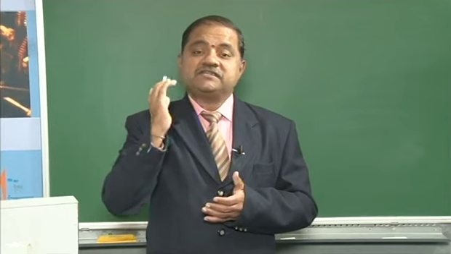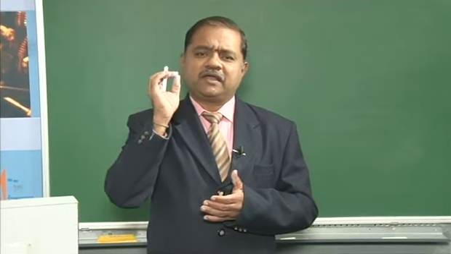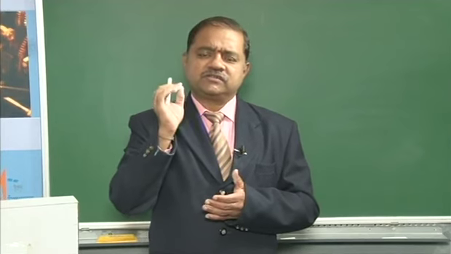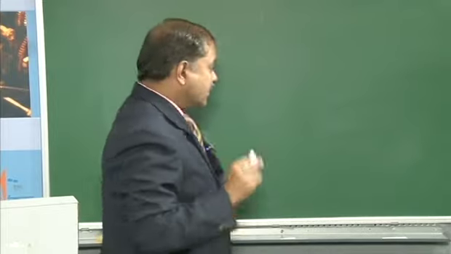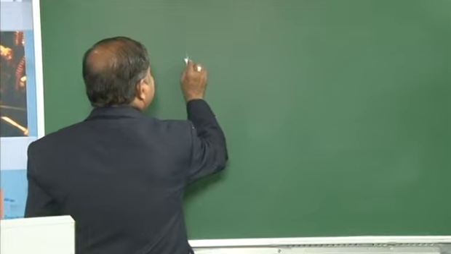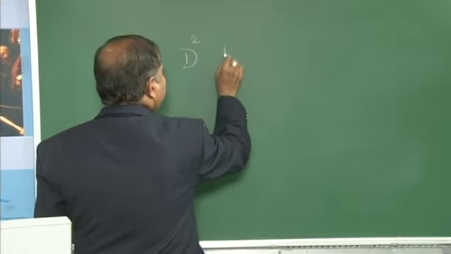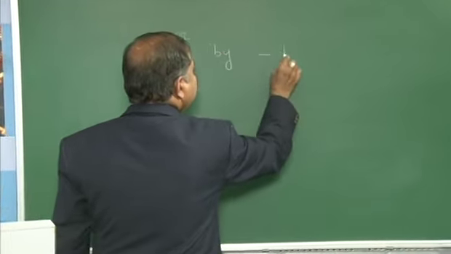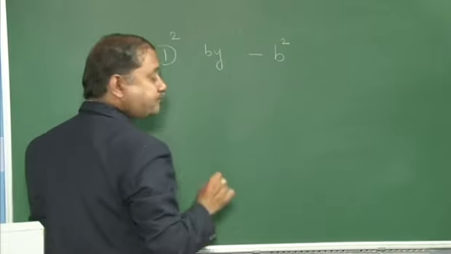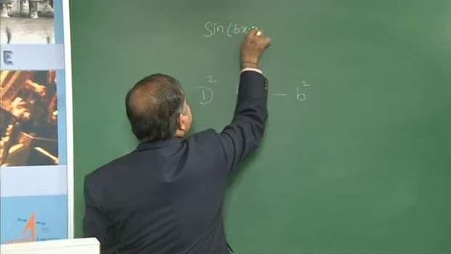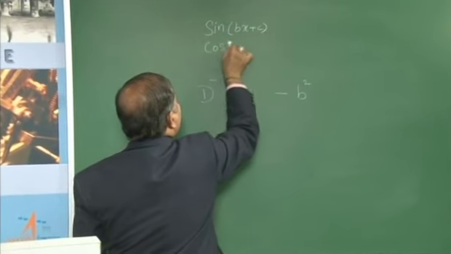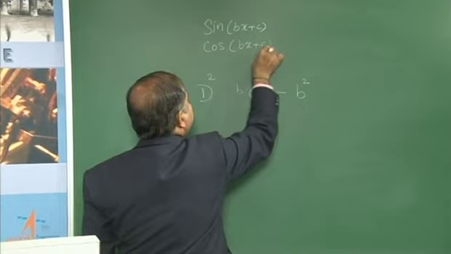What is the condition? Very important, be careful, because usually we see students make mistakes in this. See what you should do: you should replace D² by −b² for sin(bx + c) or cos(bx + c).